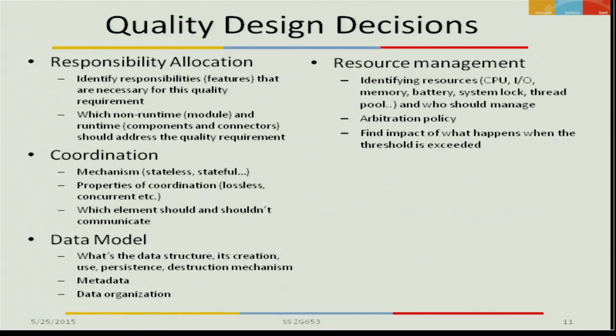You have to identify who should manage these things. Many times this would be managed by the underlying operating system, but in some cases it is the responsibility of the software to manage this, and you have to find the impact of what happens when this threshold is exceeded.